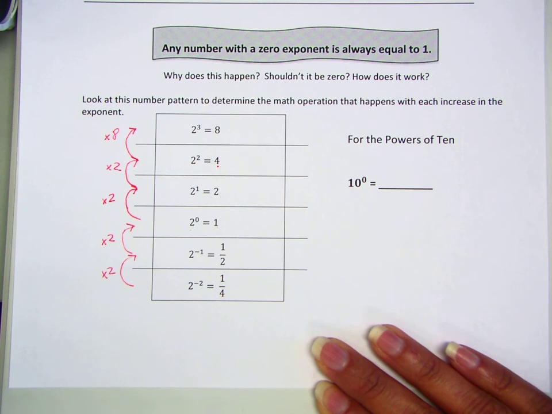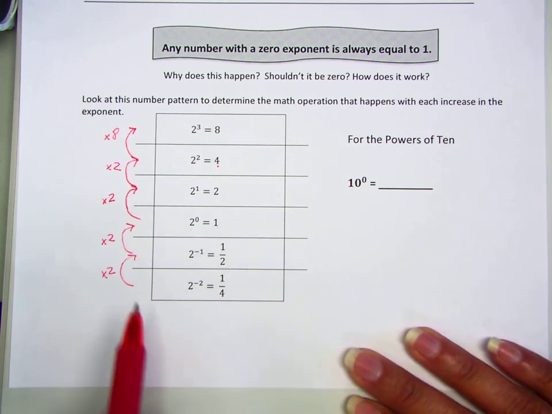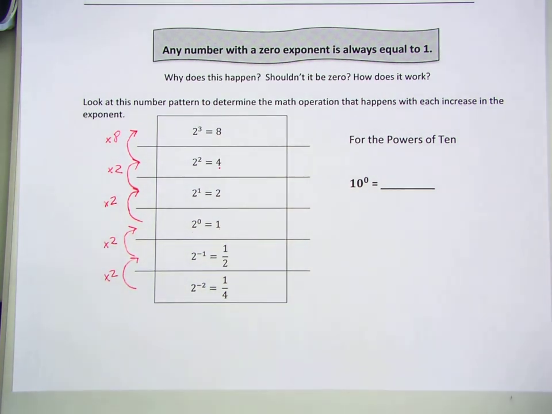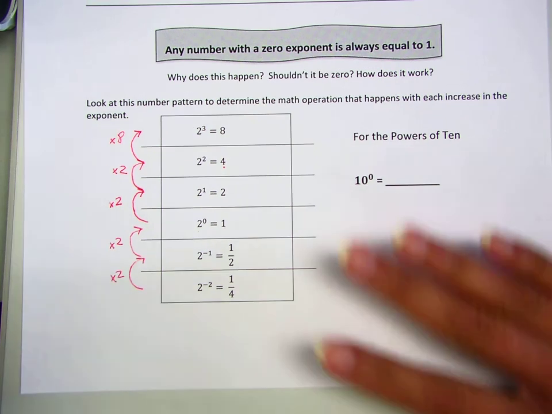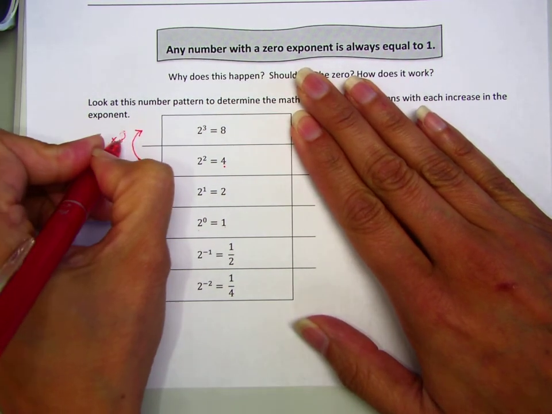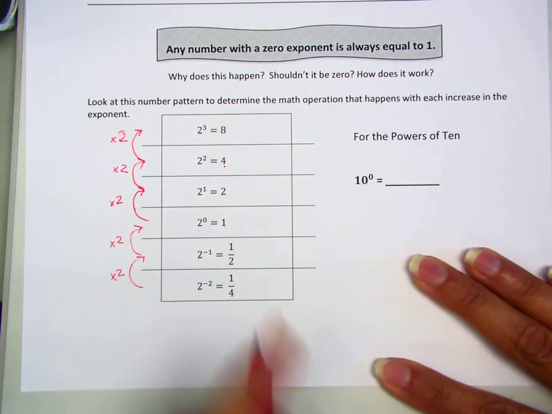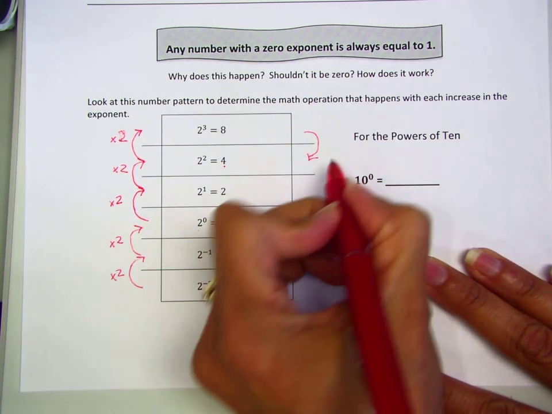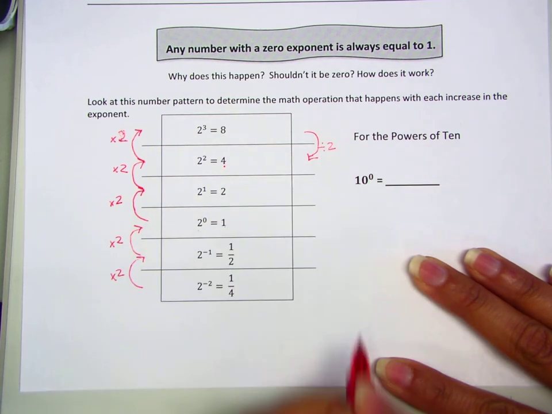And the same works for the inverse. If we're multiplying as we increase, then we need to divide as we decrease. And I'm going to fix one little error here. This should be a 2. So we're at 8. What math operation did we do? We divided by 2. We divide by the base.